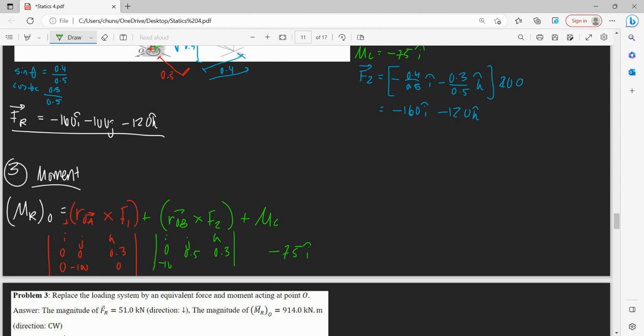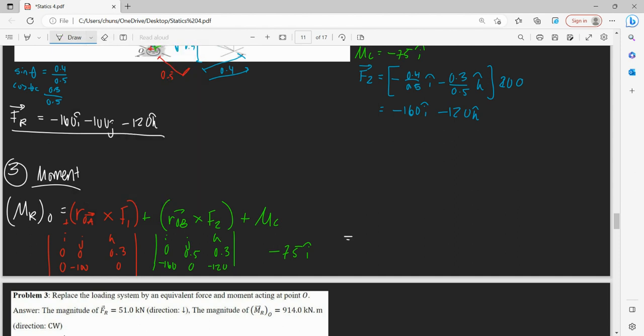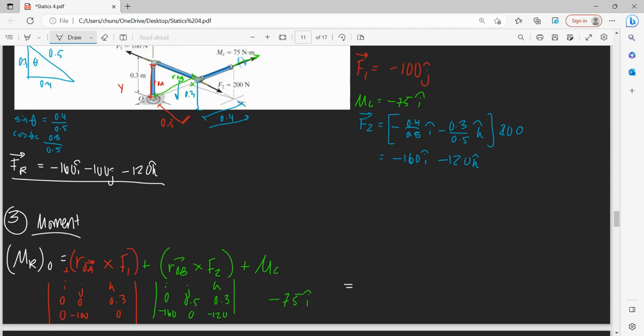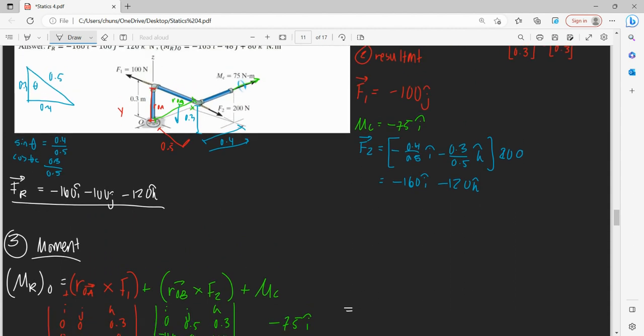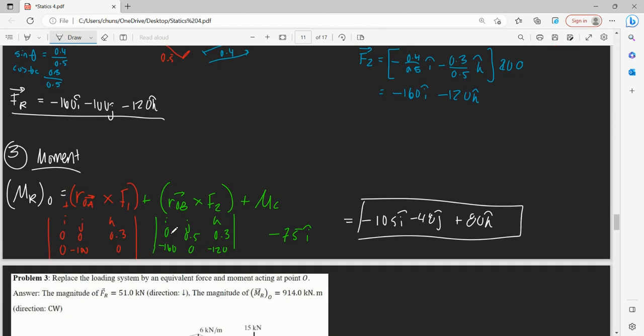And we have negative 160I, 0, and negative 120K. I'm not going to do the math, I'll let you do this on your own just so you can have that practice. This should give you negative 105I minus 48J plus 80K. Okay, so I'll have you try that on your own so you can get some more experience with using cross product.